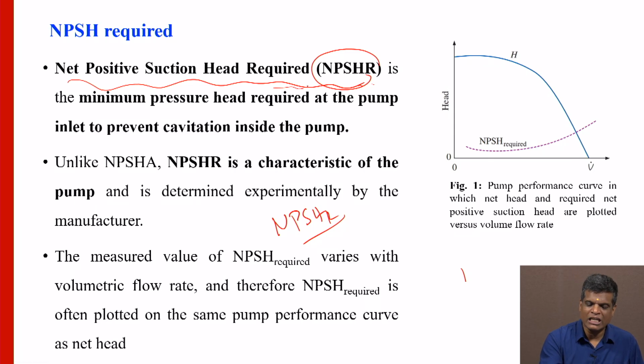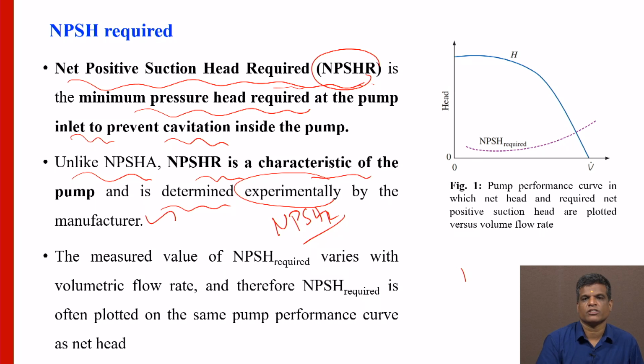Now, net positive suction head required is the minimum pressure head required at the pump inlet to prevent cavitation inside the pump. Of course, cavitation can occur, and to avoid it we need a minimum pressure head. Unlike the NPSH available, the NPSHR characteristic of the pump is determined experimentally by the manufacturer.